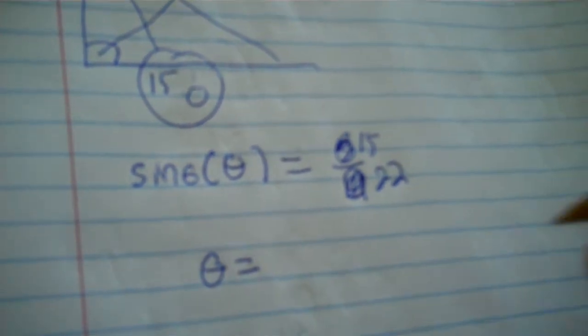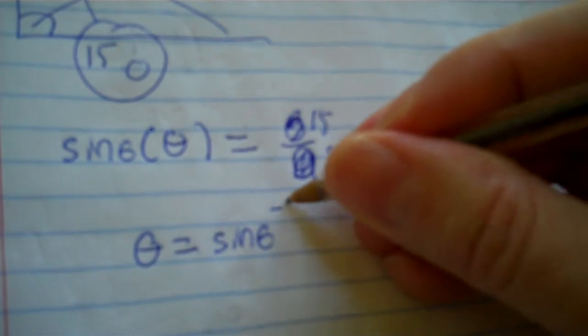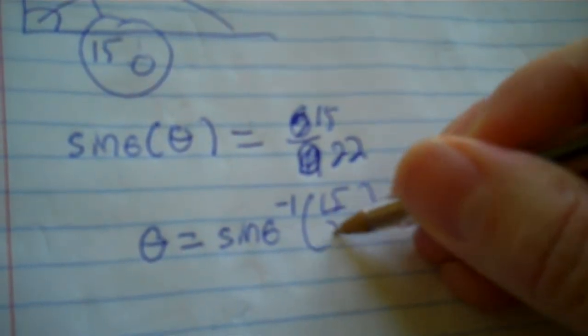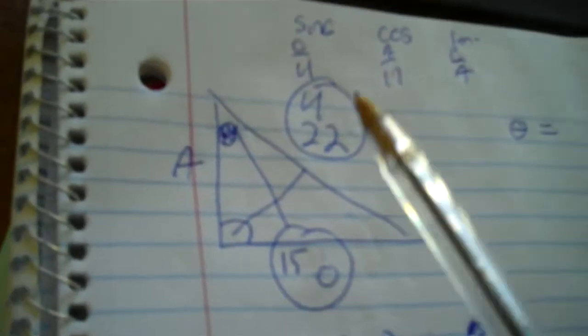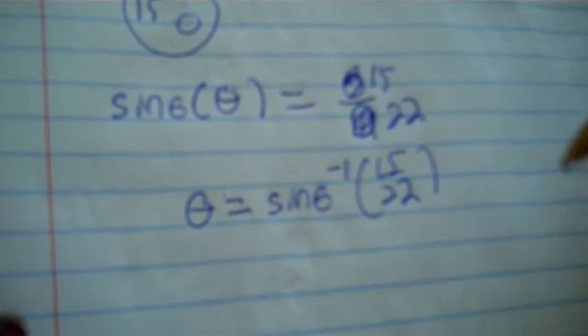Put theta equals. Now to move sine over here, you put sine and you put a -1 behind it, and in parentheses, you put 15 over 22. So you know that the sine of whatever that is is 15 over 22. To find the angle, you move the sine over here and it's -1.